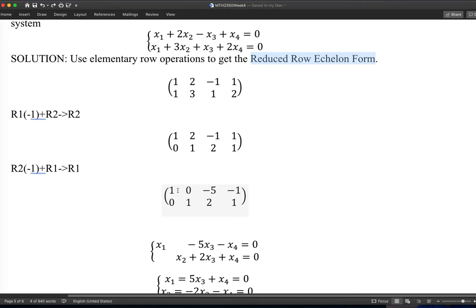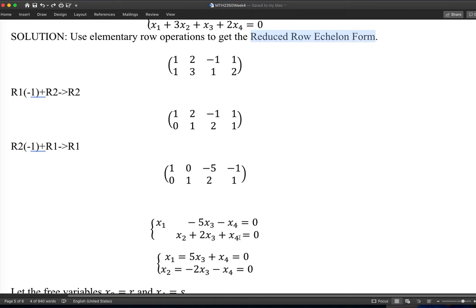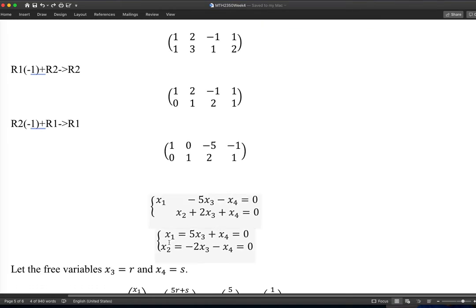Assuming everything's fine, how do we identify the solution? If you have a hard time seeing it from the reduced row echelon form, convert the RREF back to a system. This means x1 can be written in terms of x3 and x4, and x2 also can be written in terms of x3 and x4.